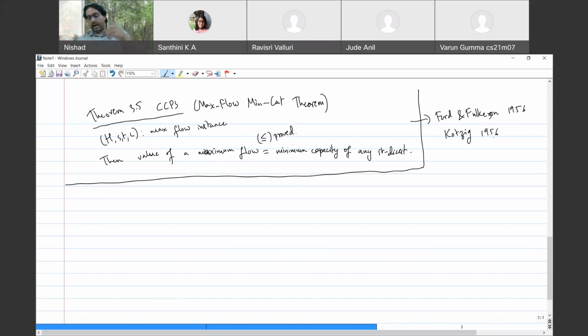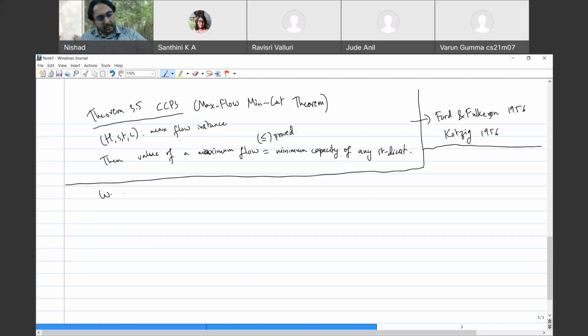Kotzig did not write in English generally, so knowing what he had done was often a bit difficult, and it only came to light a few years later that he had also proved this. So largely it is called the Ford-Fulkerson theorem and the Ford-Fulkerson algorithm, but Kotzig also had this theorem proved independently. All right. Yeah, so technically we should say MaxFlowMin dicut, but of course in the literature it's just called MaxFlowMinCut.